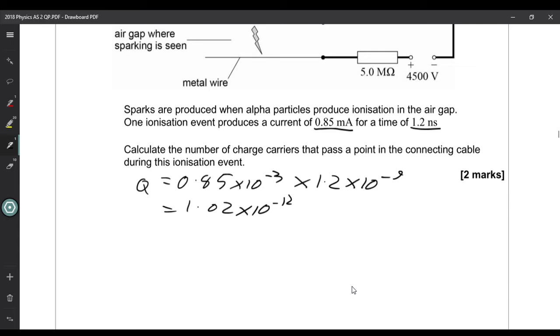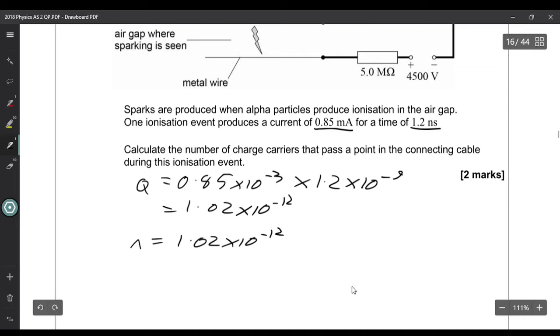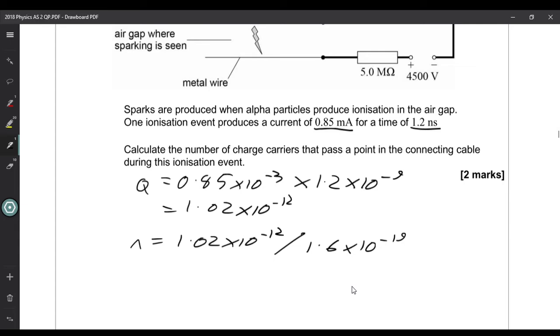So N equals 1.02 times 10 to the minus 12 divided by 1.6 times 10 to the minus 19, which is the charge that each carrier can carry.